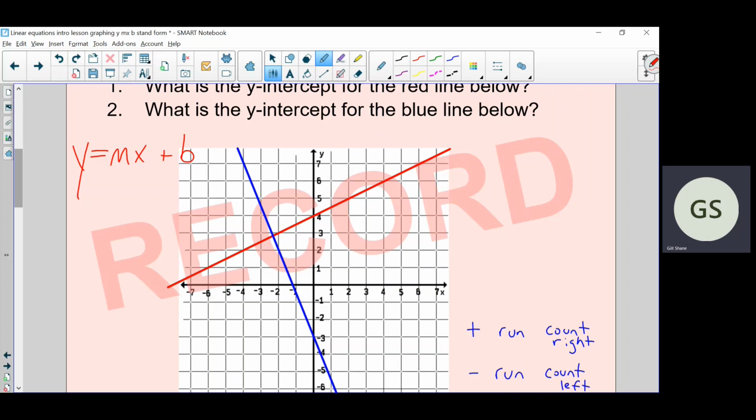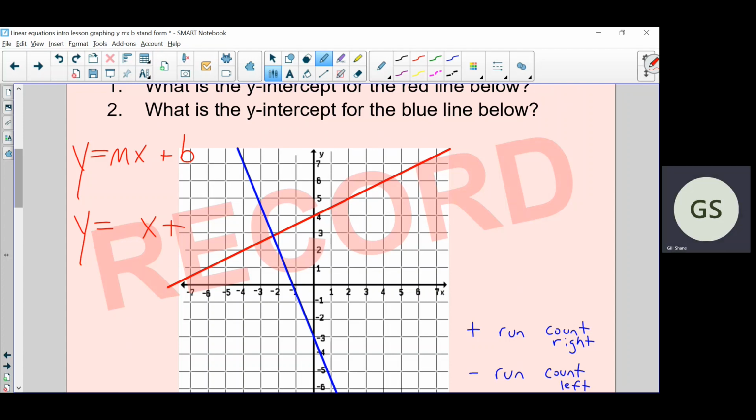All right, so here is your first step under that topic. You write y equals, and leave a blank in front of the x, because we're going to put something there eventually. We're going to put whatever the value of m is, the slope. And then after the plus, we're going to also put something.